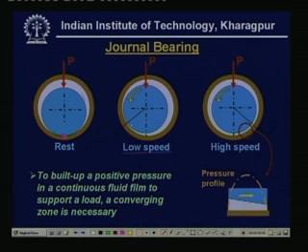So, the orientation of the journal with respect to the bush will come out in such a way that this angle is basically the angle of friction.